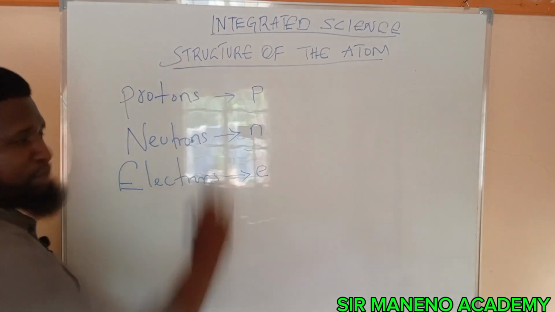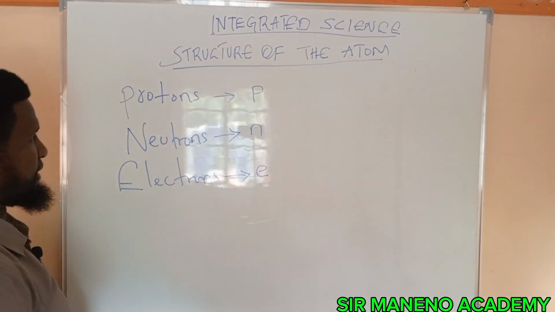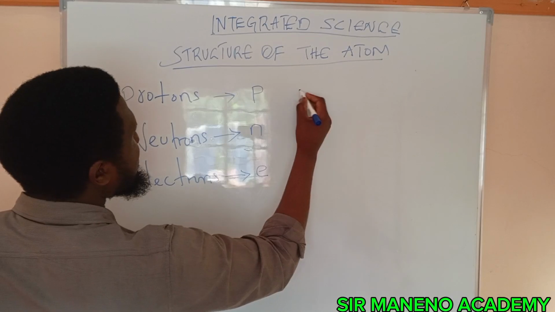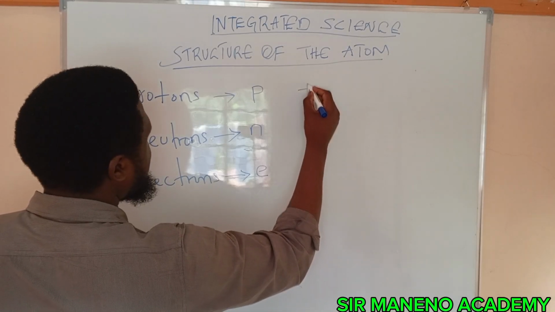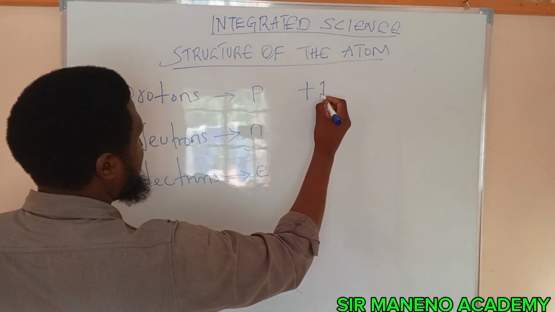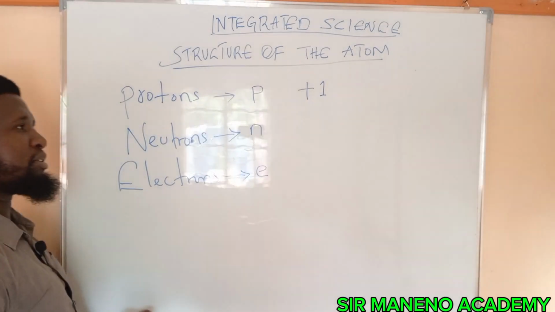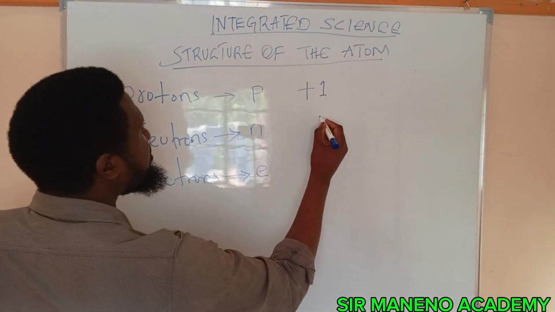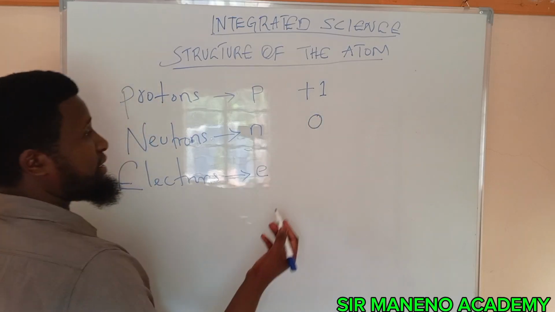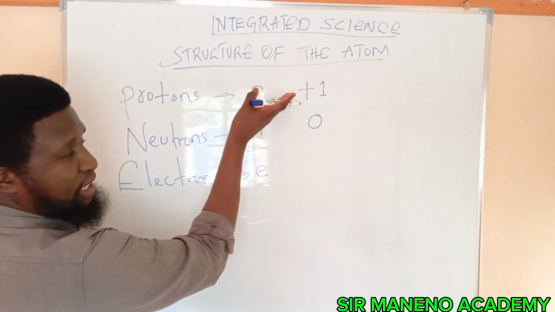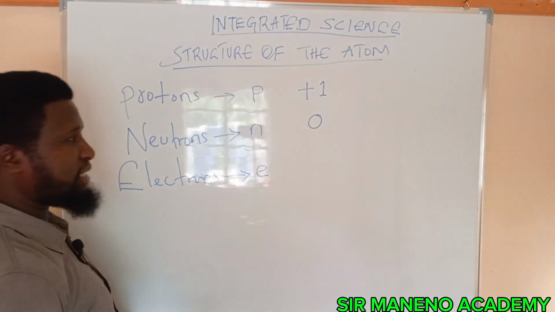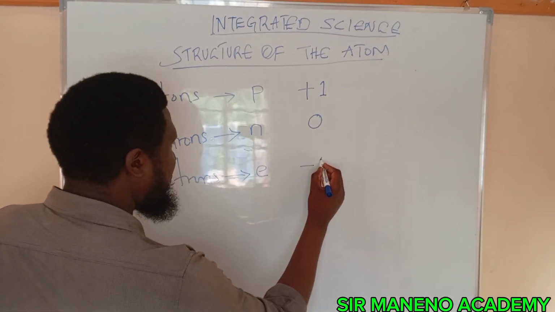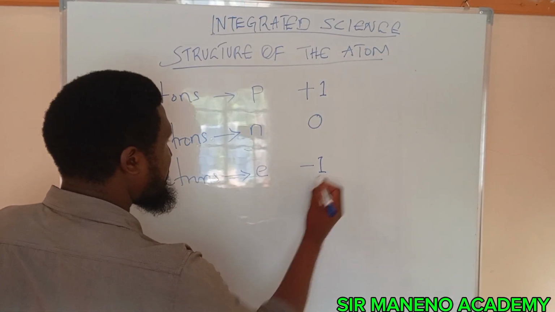Now, these subatomic particles have got charges. Now, the proton is always positively charged. Neutrons are neutral, meaning they are neither positively charged nor negatively charged. So electrons are always negatively charged.